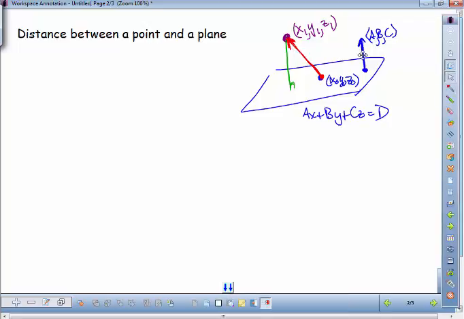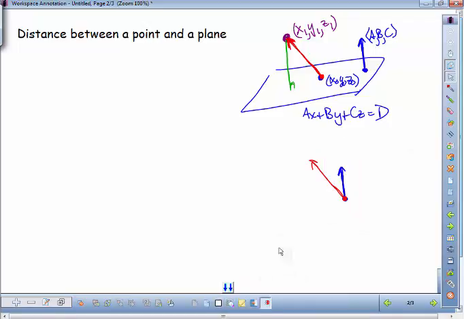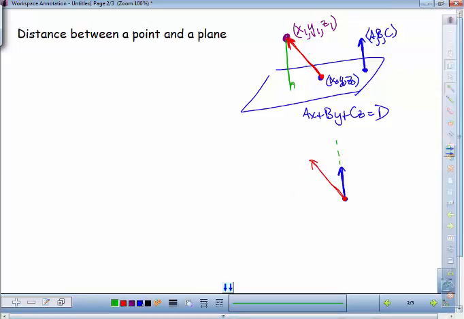And so if we do this projection, and this is a scalar projection, we would be interested in this distance right here.